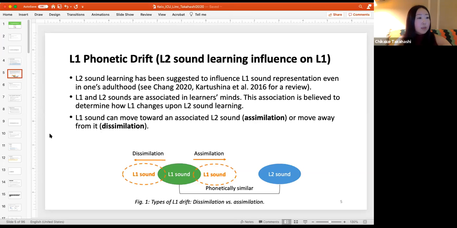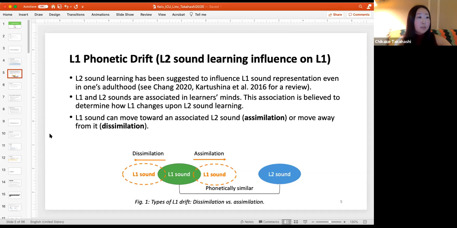A growing number of studies have suggested that L2 sound learning influences L1 sound representation. Again, the idea is that when you learn a new L2 sound that is phonetically similar to an L1 sound, the L1 sound production or perception is influenced. And such influence can be manifested in two possible ways.